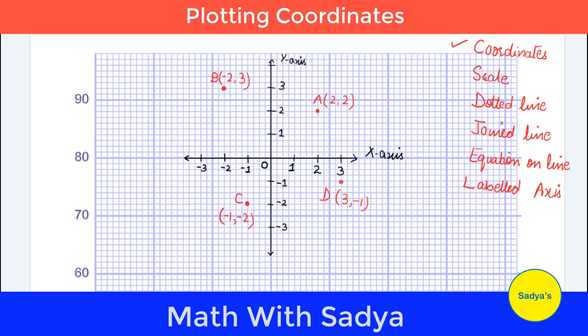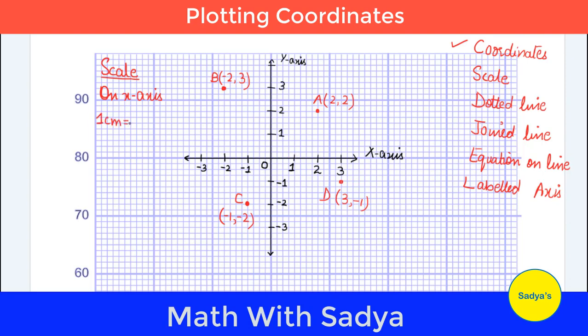Scale. The scale has to be written on the graph paper, and since I have not written it, the checklist reminds me to write it. On the x-axis, these 4 lines represent 1 unit, and 4 lines mean 1 centimeter.